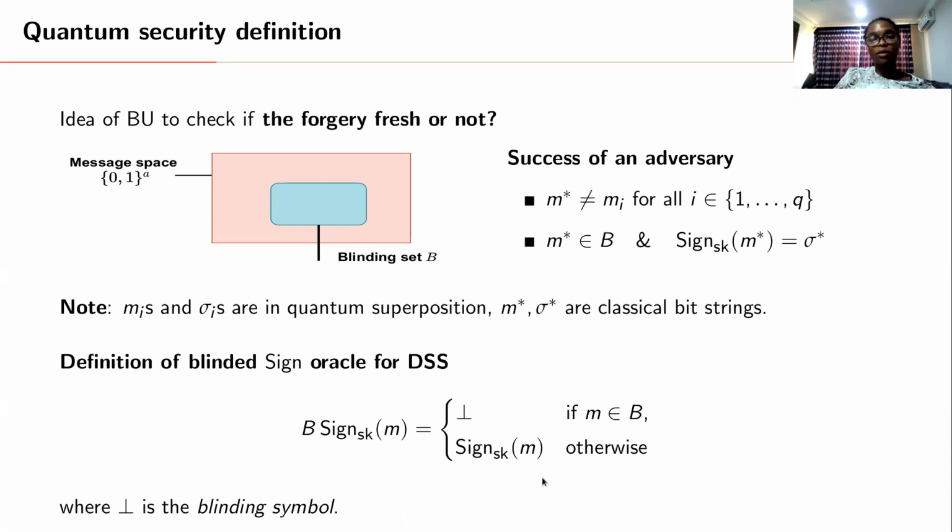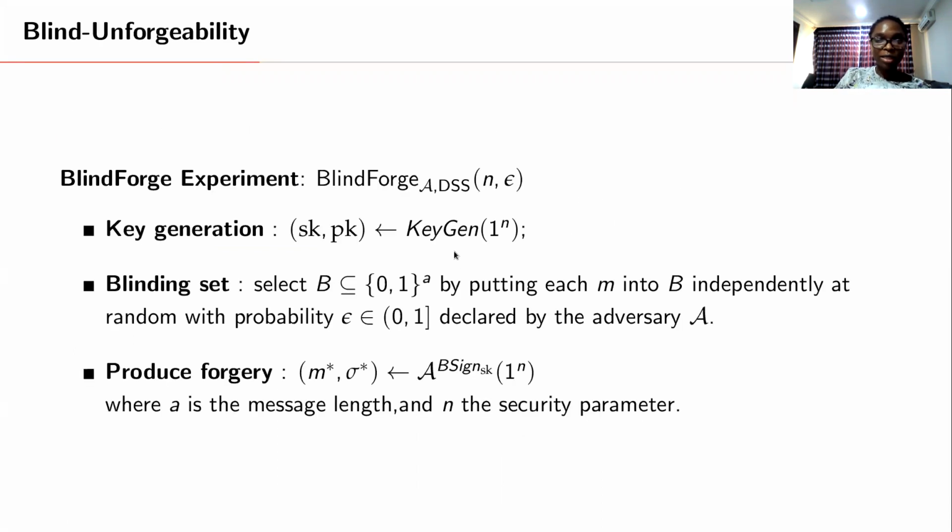So the notion of blind unforgeability security relies on the following game, known as the blind forge experiment. The first step is that the challenger generates a pair of secret and public keys, given a security parameter n.